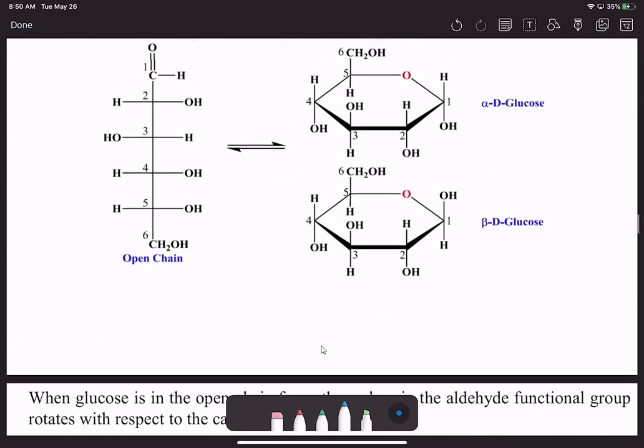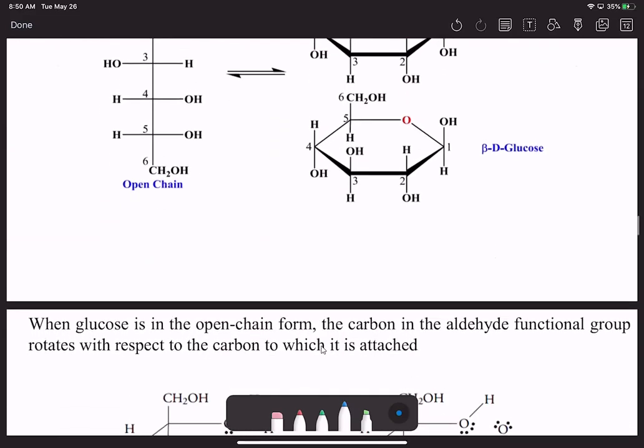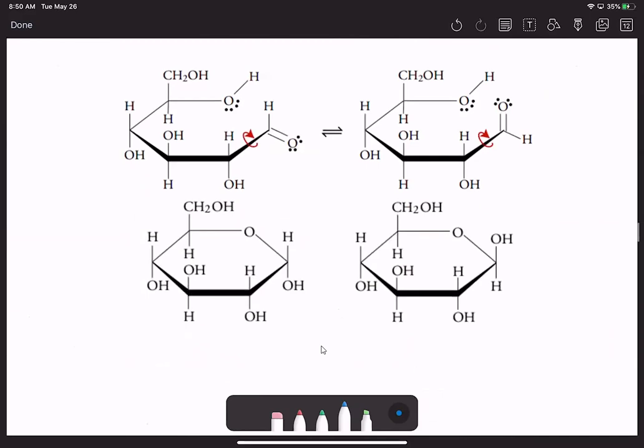Let me draw this here. This is glucose here. I'm going to number these carbons: 1, 2, 3, 4, 5, 6. And I'm going to number them here as well.